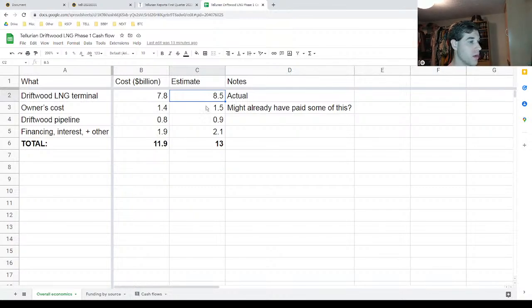And then these other numbers I increased by just a bit, by like 10%, just to match the increase in the Driftwood LNG cost. Although overall, these are small compared to the overall cost needed for the actual contract with Bechtel. But overall, that gets me to a rough estimate that they're going to need $13 billion in capital.